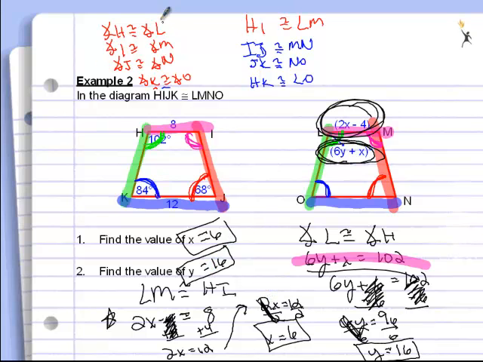Using my geometry to set up my corresponding parts helped me set up the equations that I solved. 2x minus 4 equals 8 because I knew the corresponding parts were equal. 6y plus x equals 102 because I knew the corresponding parts were equal.